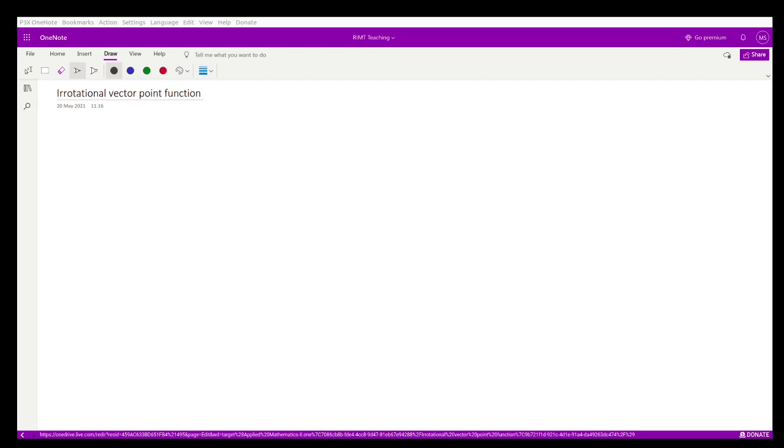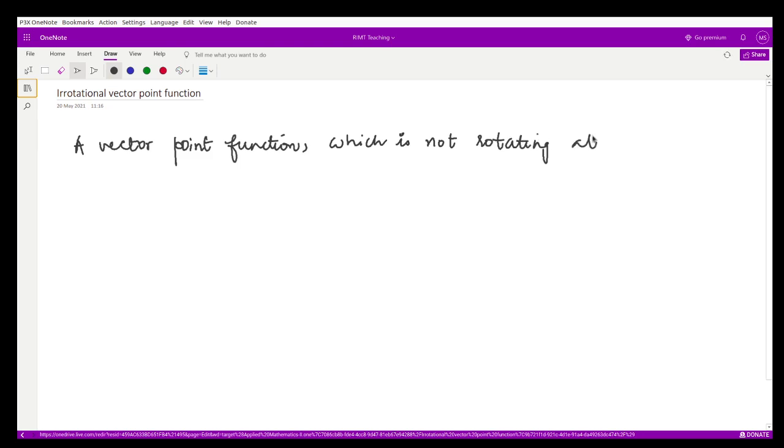Next, let us look at this irrotational vector point function. So what do you mean by irrotational vector point function? A vector point function which is not rotating at all, right?